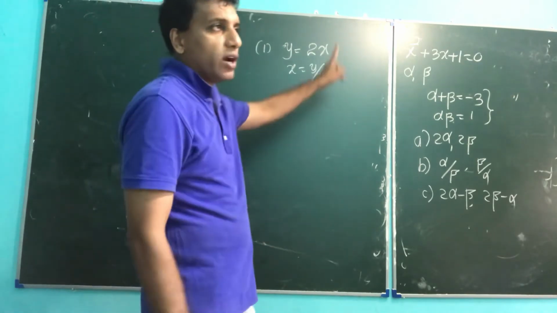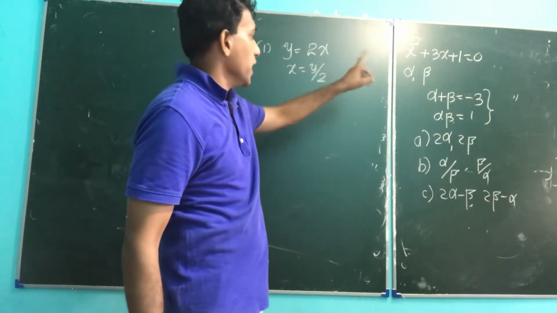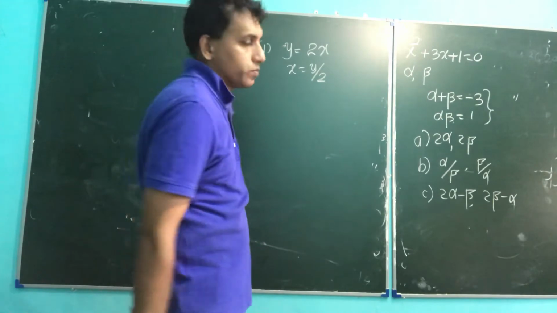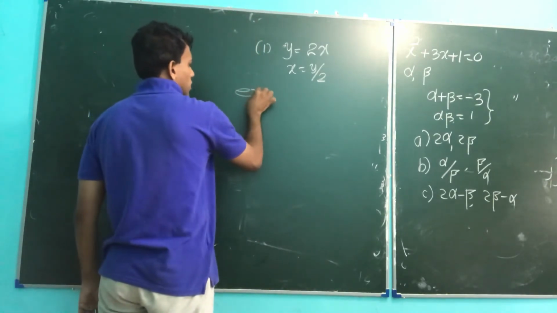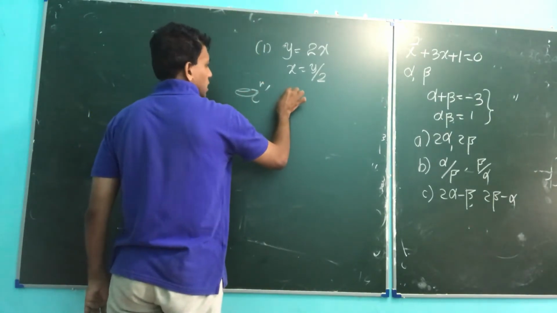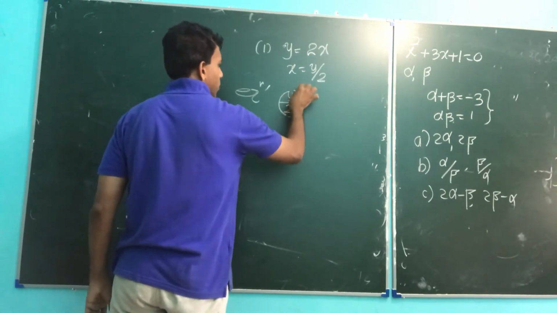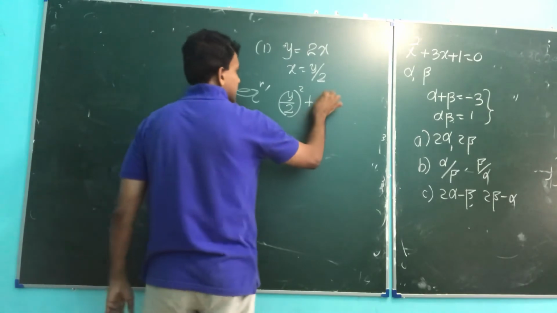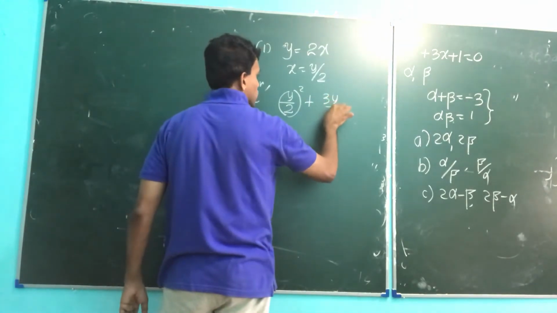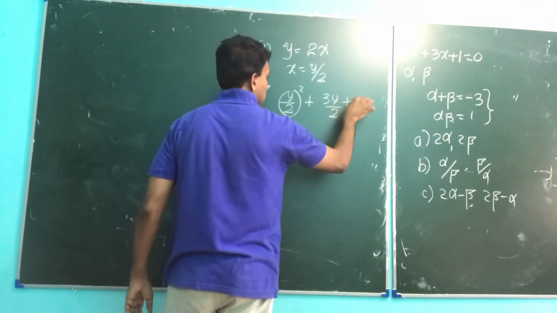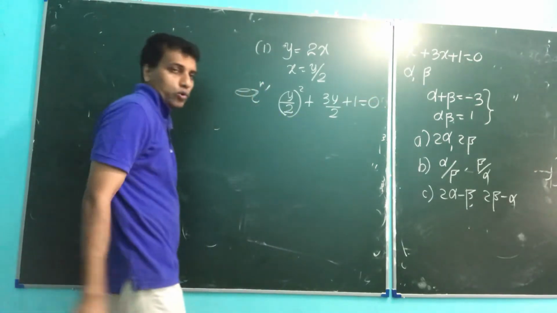So in the given equation, put x as y by 2. Therefore the equation is (y by 2) square plus 3 times (y by 2) plus 1 equal to 0.